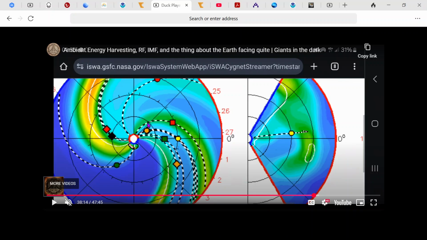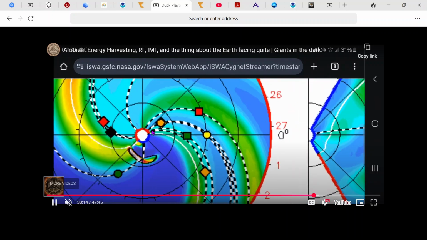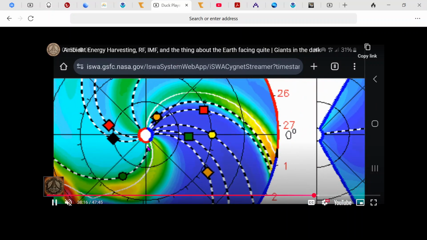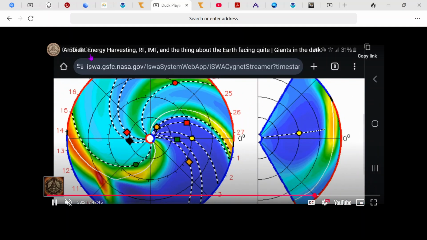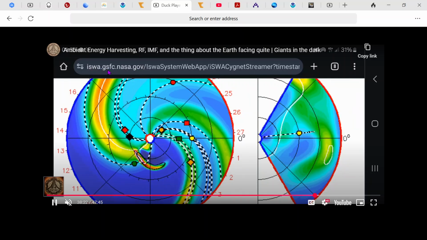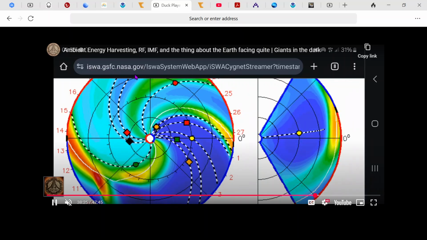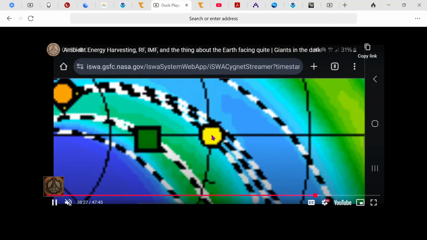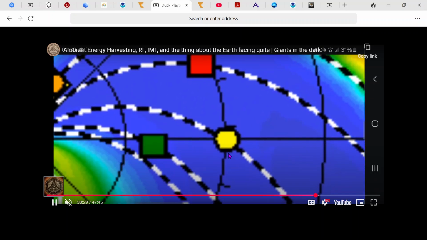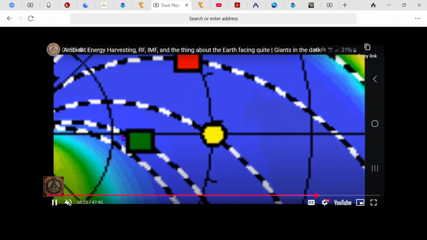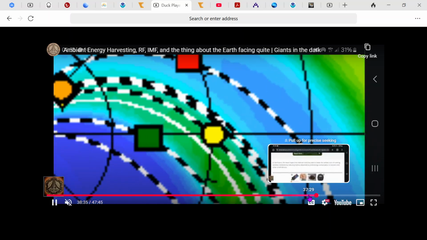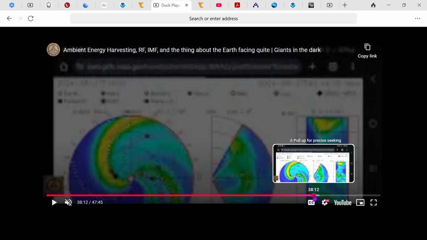Because here we have the interplanetary magnetic field lines. Of course, if we have a CME, they go more or less straight. And here we have the page, ISWA, GSFC, NASA, government, blah, blah, blah. All right. Here we have Earth. Here are some of the squares or satellites, and I think this yellow dot here, let me go to the beginning somewhere we can see the whole thing.